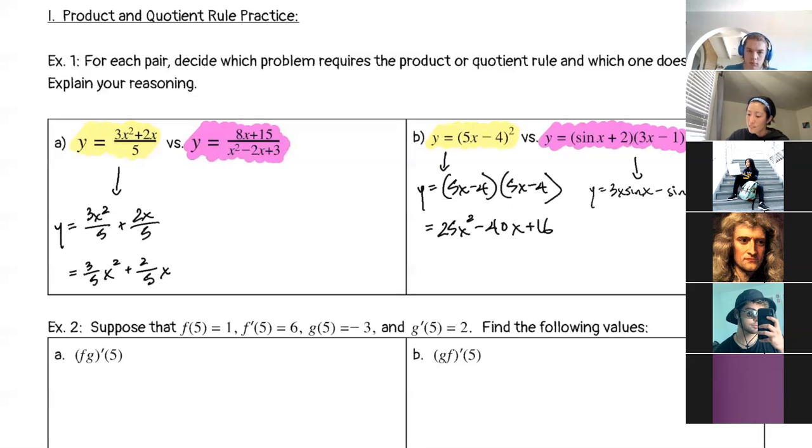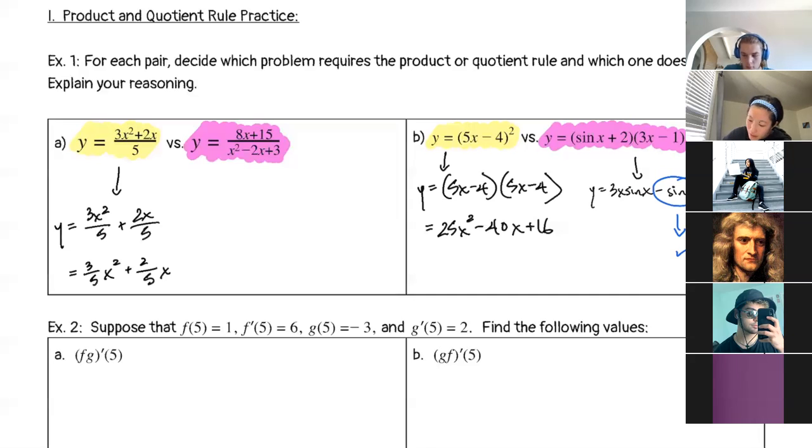Okay. Can we find the derivative of 6x? Yes, okay. Can we find the derivative of sine x? Some people are saying yes. We have not technically learned it, but if you Google the derivative of sine x, that is something you could find. We're actually going to learn about that in a couple weeks, okay?